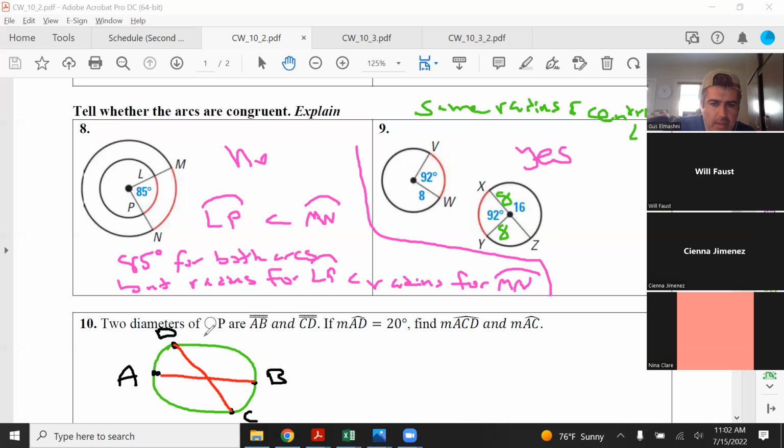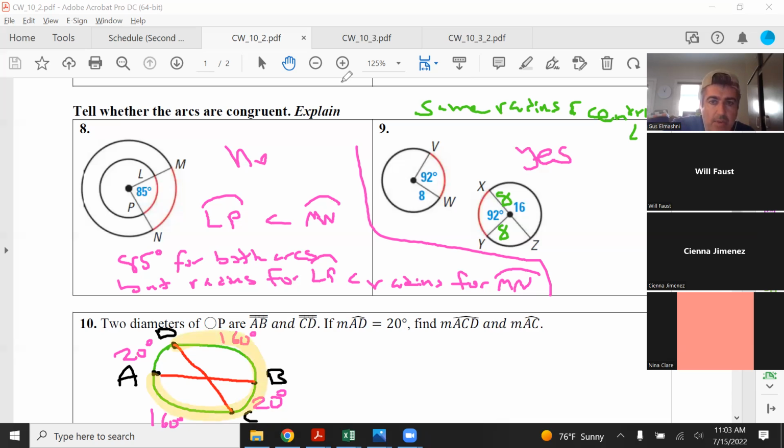And the measure of arc AD is 20 degrees, so that's 160 degrees right there. This would be also 160 degrees. That'll also be 20 degrees because you have the opposite of arc AD. So when you want ACD, I go all the way like that.